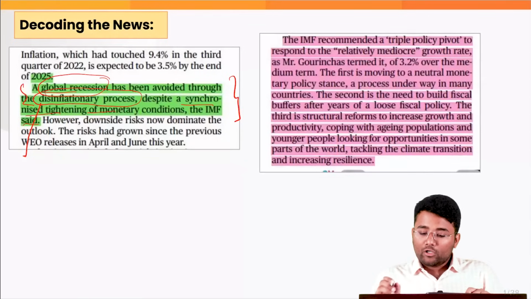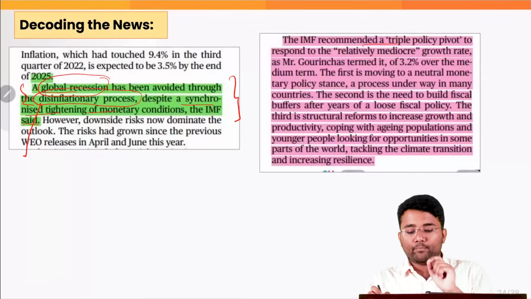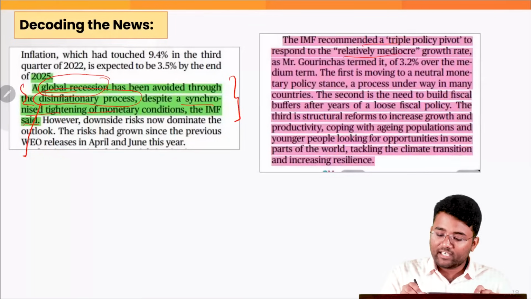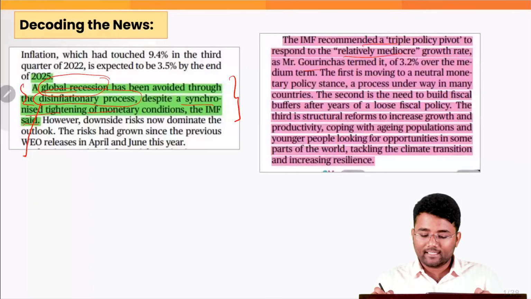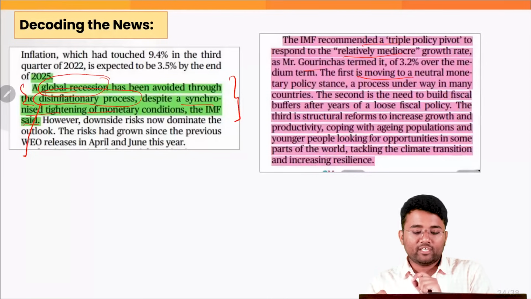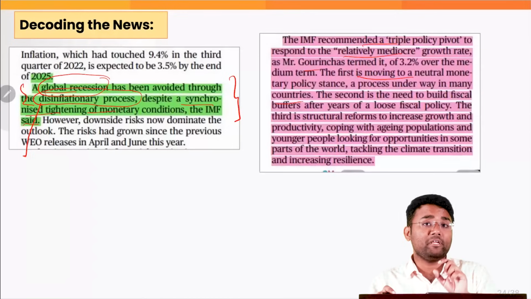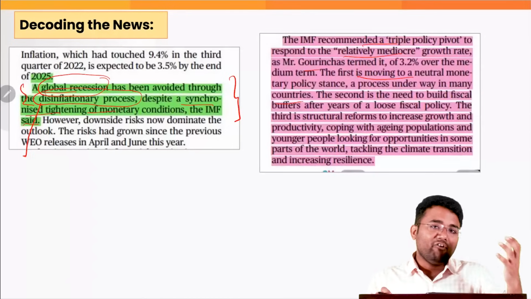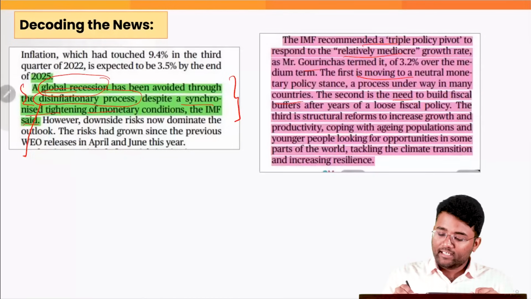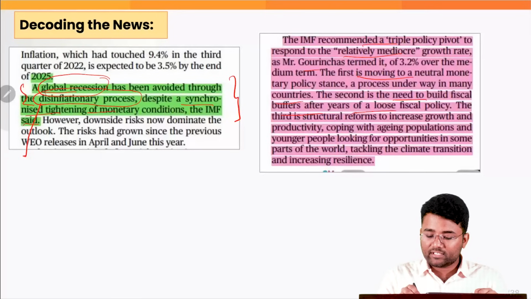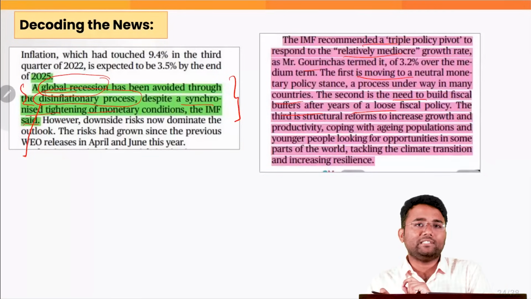Also, the IMF recommended a triple policy pivot to respond to a relatively mediocre growth rate. They say that first, there is a need to move towards a neutral monetary policy stance, a process underway in many countries, meaning it should not be affected by the government in place. Second is the need to build fiscal buffers after years of loose fiscal policy.